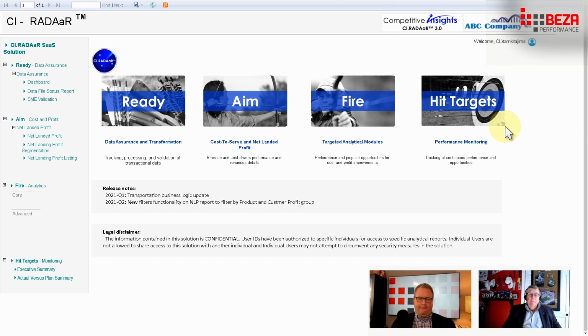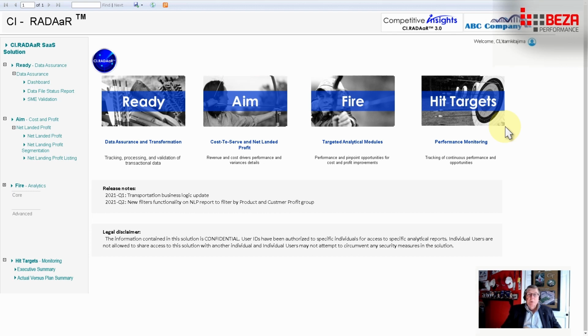Yep. So the same 4 basic steps, but as you've said, we're going to focus on hitting targets. And one of the things that's really important as you're thinking about this is you want to be able to summarize the information both for the users of your system as well as for the executives.